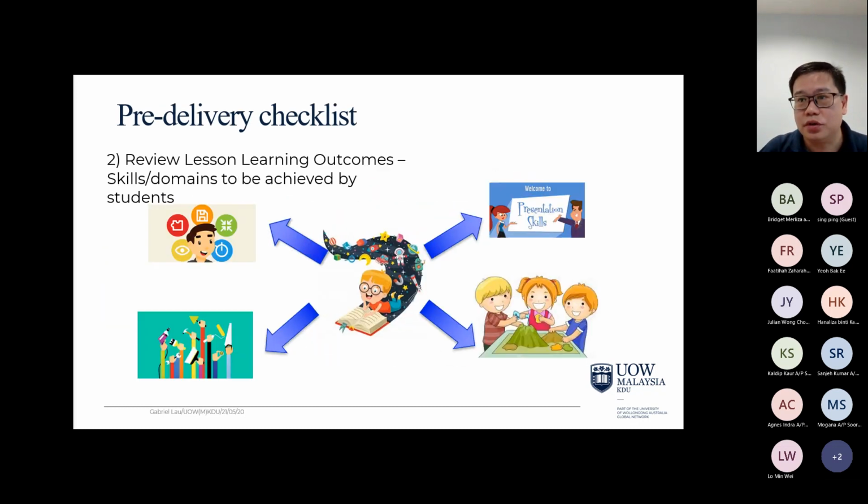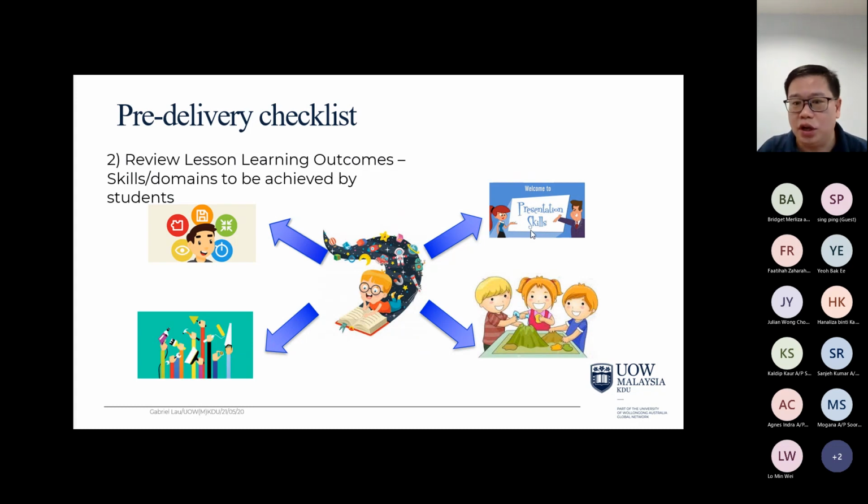Number two, after you already know your lesson learning outcome, is what do you want to achieve? What are the skills domain to be achieved by students? If this LLO is on the Vietnam War, is it going to be analytical? Is it going to be psychomotor? Is it going to be presentation skill?